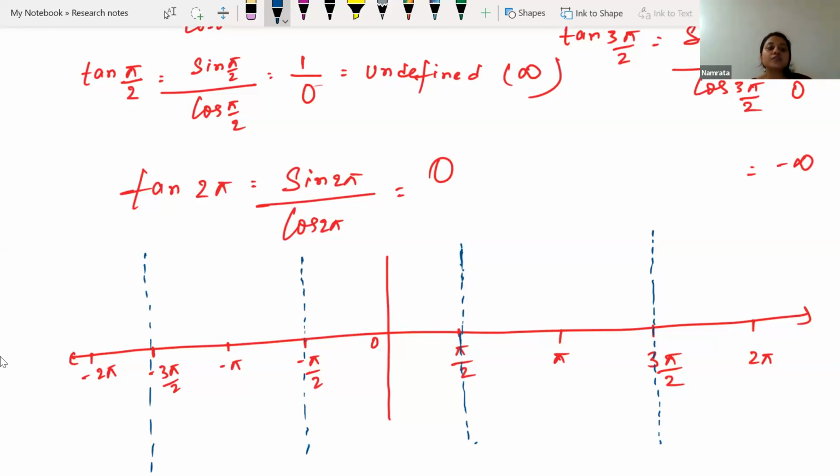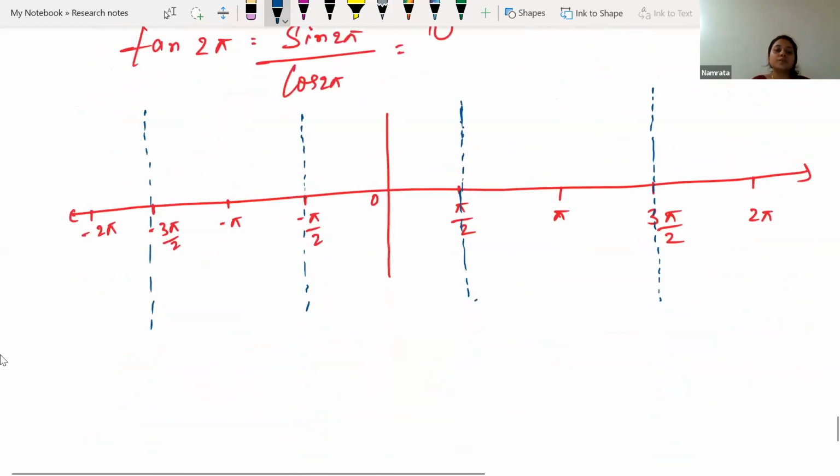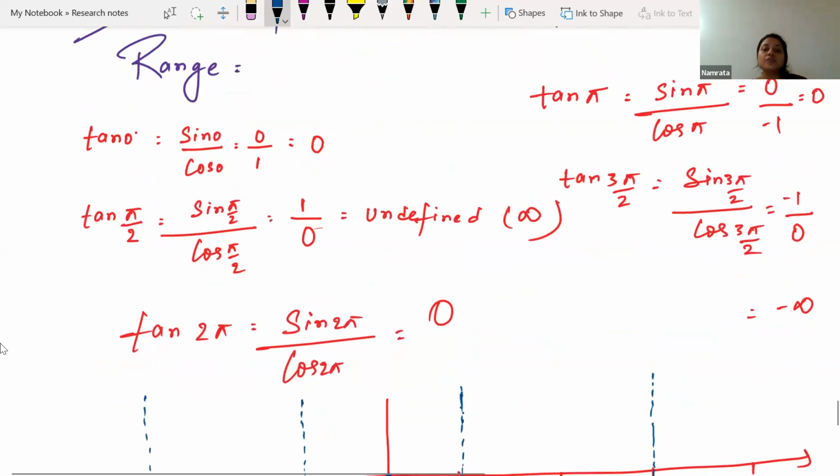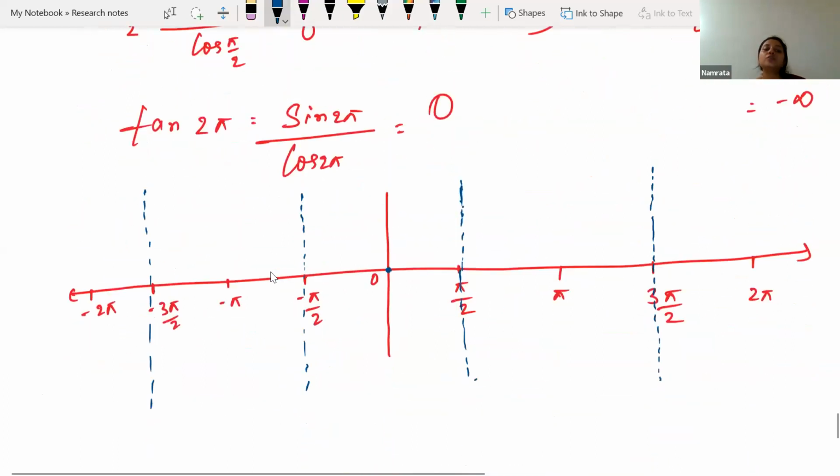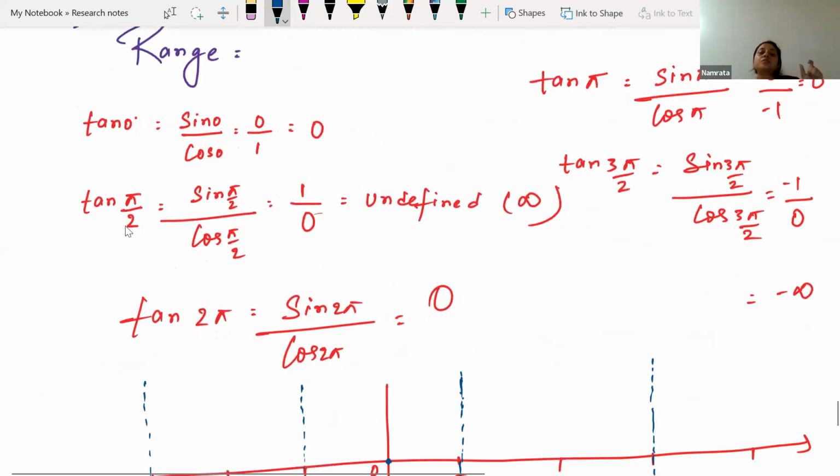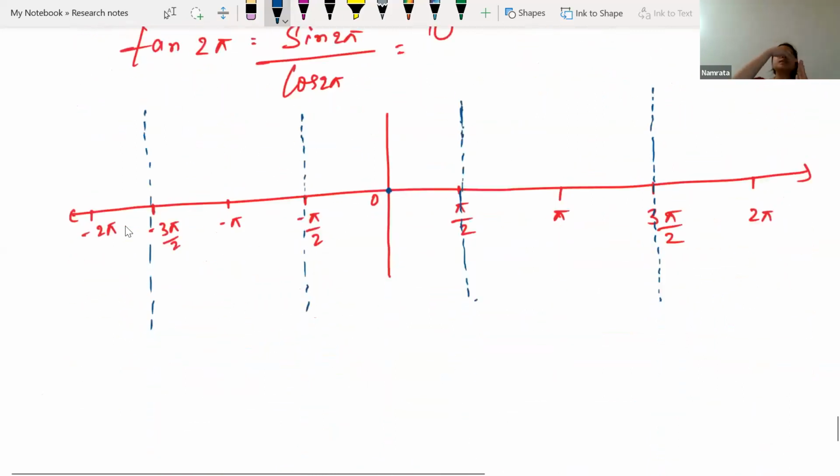Okay, now what's the value of tan 0? It's 0. Okay, what's the value of tan pi by 2? When you are taking tan pi by 2, it's undefined, or we can say it's moving towards positive infinity. So from here it's moving towards positive infinity. On the y-axis, when you go up and up and up, it's positive infinity.